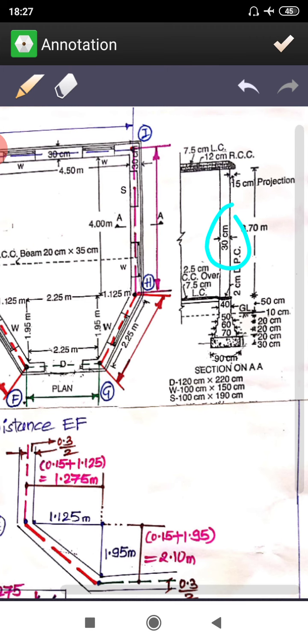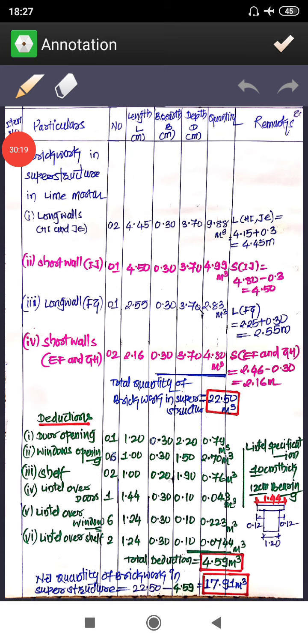So that we are going to consider. Now by doing that, you can get the quantity for IJ, quantity for FG, and quantity for EF and GH, right. So the total of these quantities here I have written, that is 22.50 meter cube, right. Then this is the quantity of superstructure brickwork, so full brickwork.